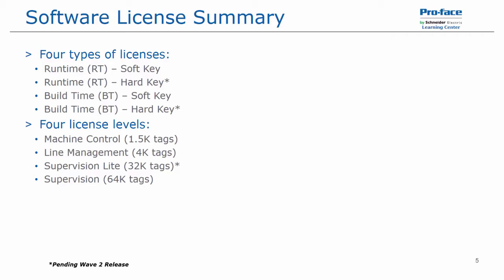Meaning that if you have, for example, a 4,000 tag license, you can open or run project files with 4,000 tags or less. And there is no limit to the number of applications that can be opened by the software. However, only one instance of the build time and one instance of the runtime can be opened or running at one time.